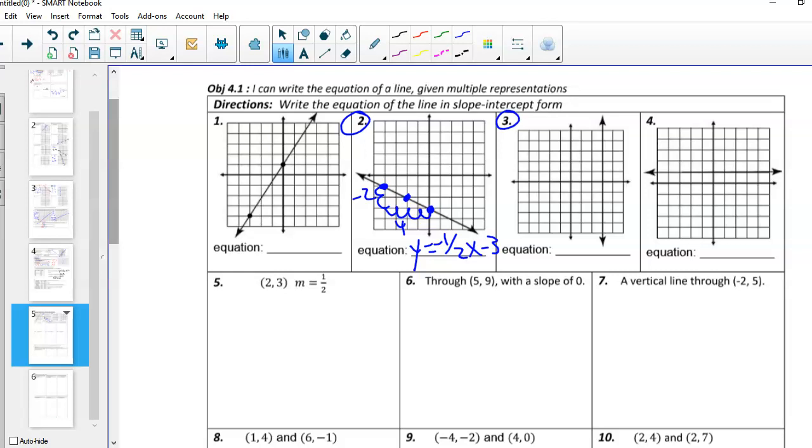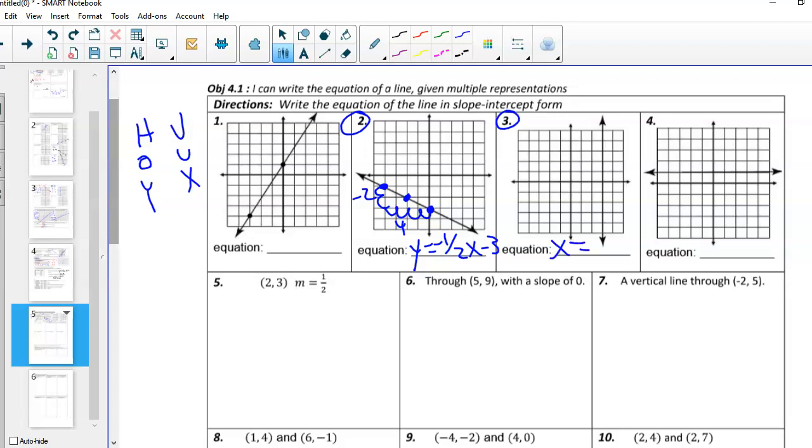For 3, how are we going to write this equation? What do we need in order to write this equation? Is this a horizontal or vertical line? Vertical. So if it's a vertical line, is this x equals or y equals? X equals. What does x equal?